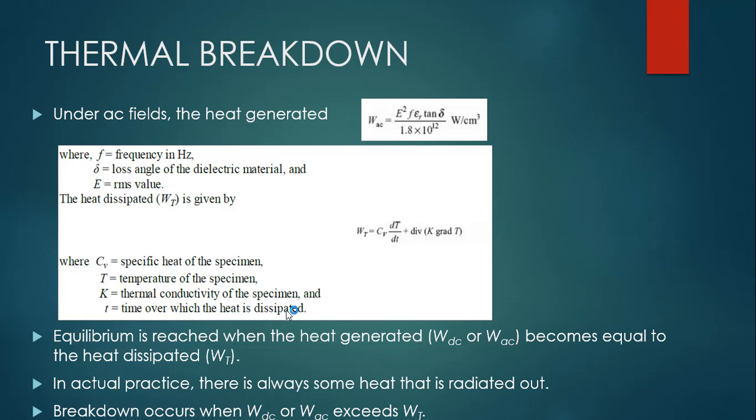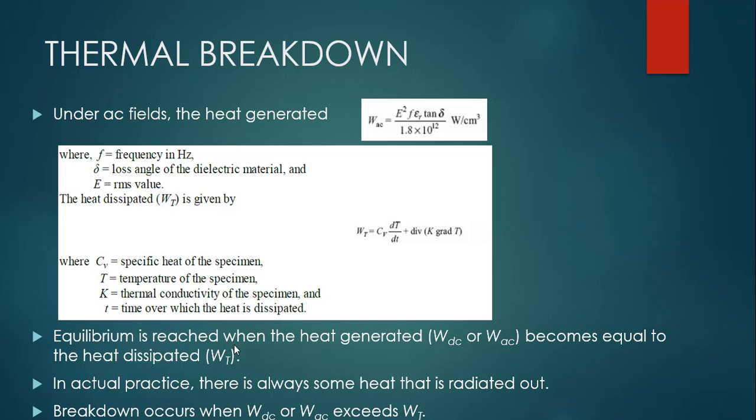So this is the equation you need to keep in mind. This is the heat dissipation in terms of the specific heat and the rate of rise of temperature, and this divergence of K and gradient of T. So this is the equation.